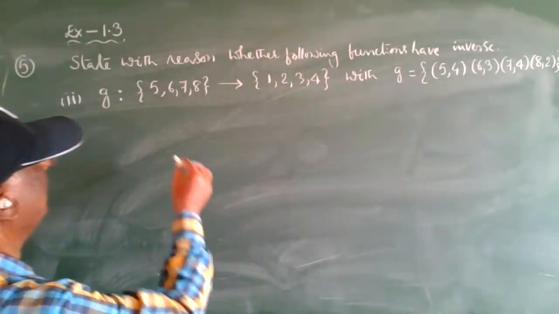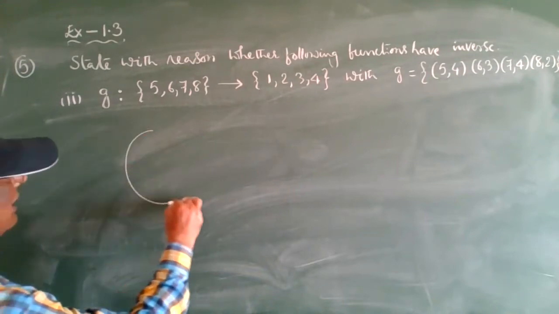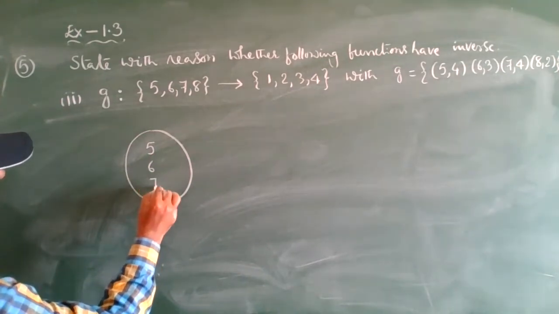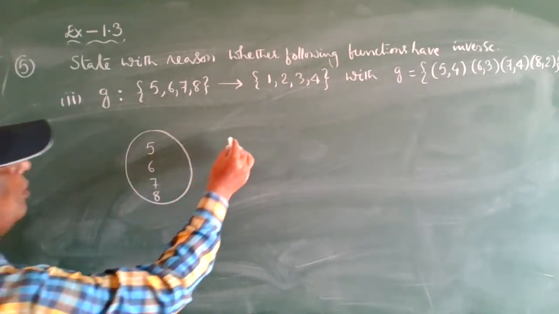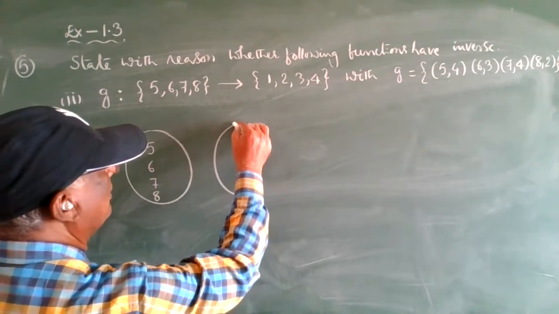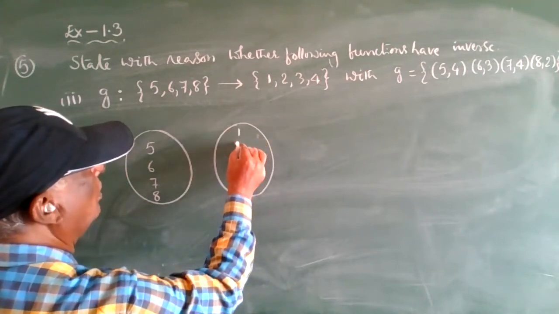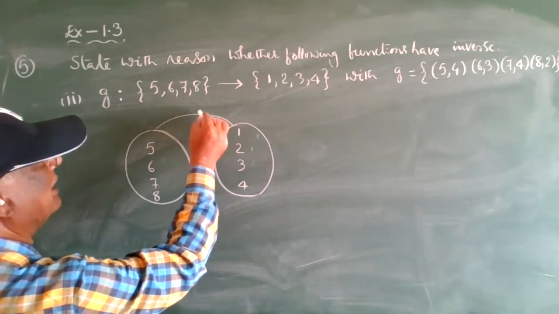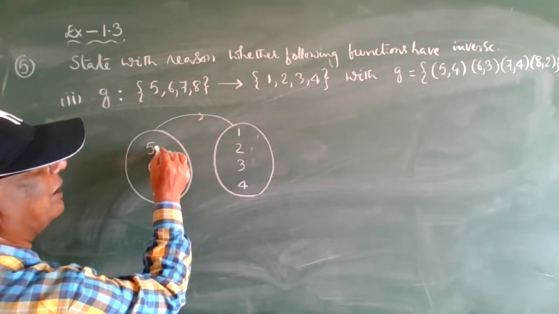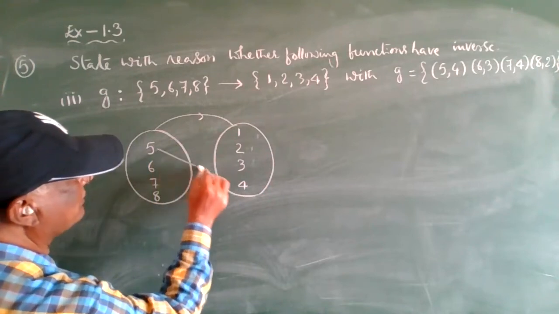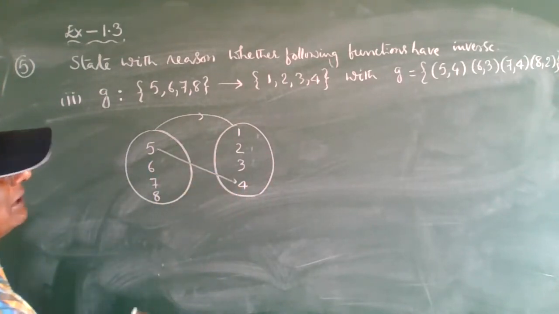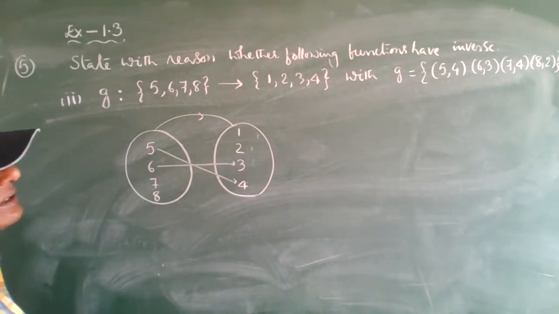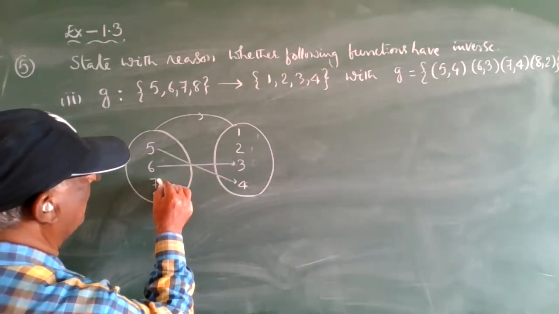Right. First take the set A: domain is 5, 6, 7, 8, codomain is 1, 2, 3, 4. The g mapping is given by 5 images 4, 6 images 3, 7 images 4.